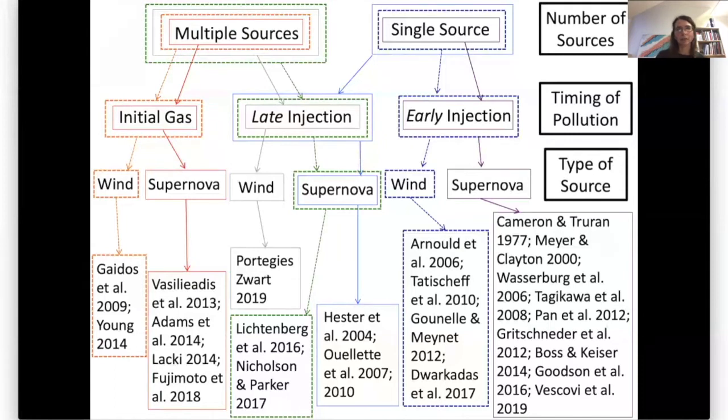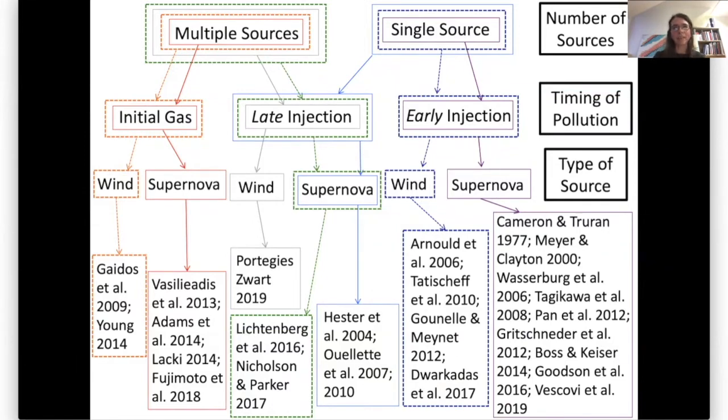So this is the part on the far left of the diagram. Or on the far right, we have what people call the early injection. So what happens is that the aluminum-26 is injected at the same time as the source is triggering the formation of the nebula. And this is quite typical of this single source scenario.